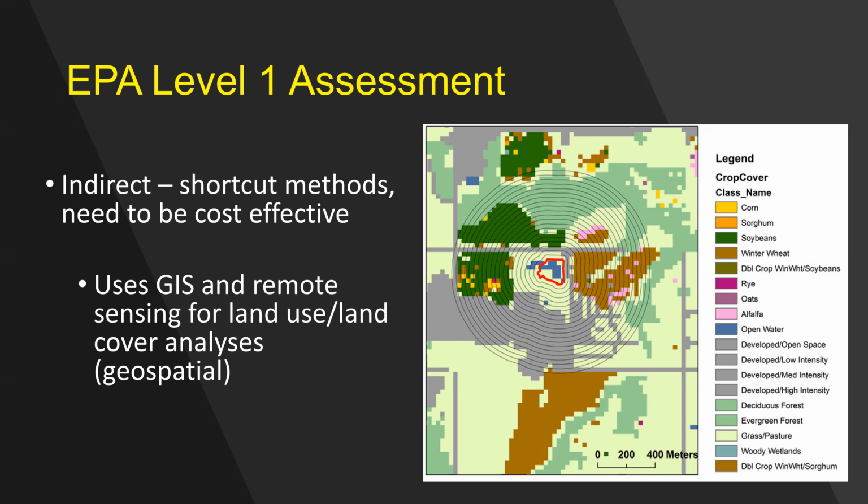They are cost effective, and they use data from geographic information systems and remote sensing, land use, land cover data. It's more of a geospatial analysis. So if here's your wetland, there's all this land use, land cover around it, data from here are used to assess the health of a wetland.